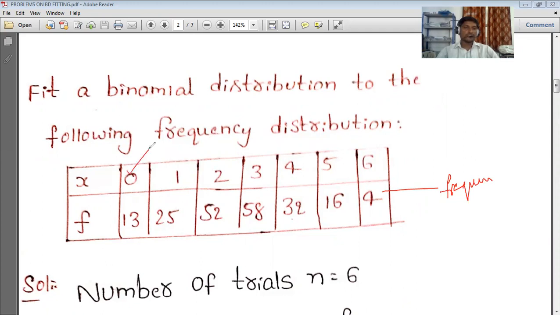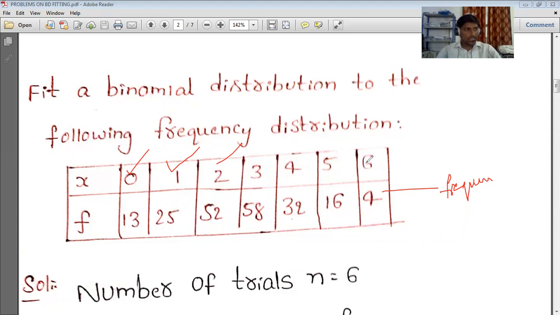For 0 observation, the observed frequency is 13. For 1 success, 25 frequency, next 2 is 52, for 3 it is 58, for 4 it is 32, for 5 it is 16, for 6 it is 4. These are the frequencies they give for the observations 0, 1, 2, 3, 4, 5, 6.